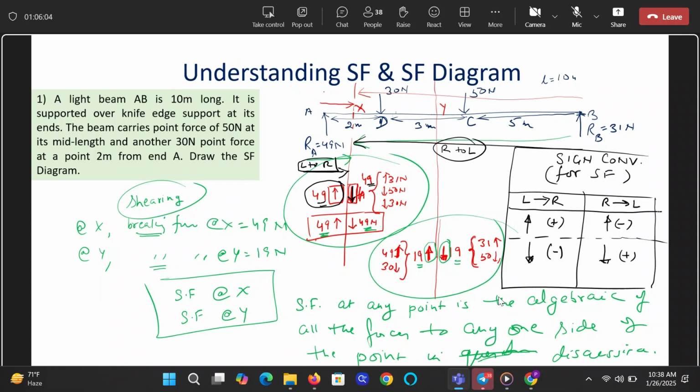So that at X, either both get plus 49 or both get minus 49. And this reversal will ensure that at Y, either both say plus 19 or both say minus 19. Have you understood the need for sign convention and what the sign convention is here for shearing force? Clear?